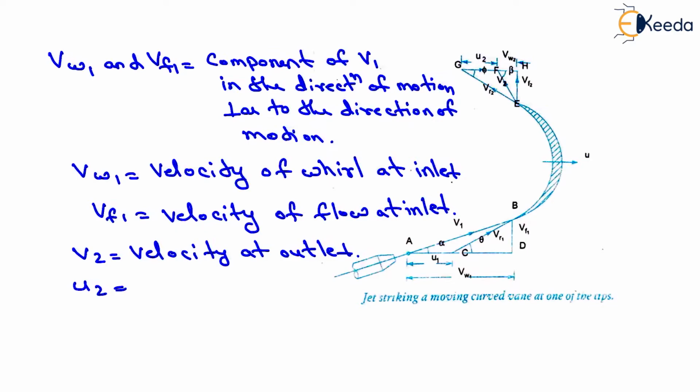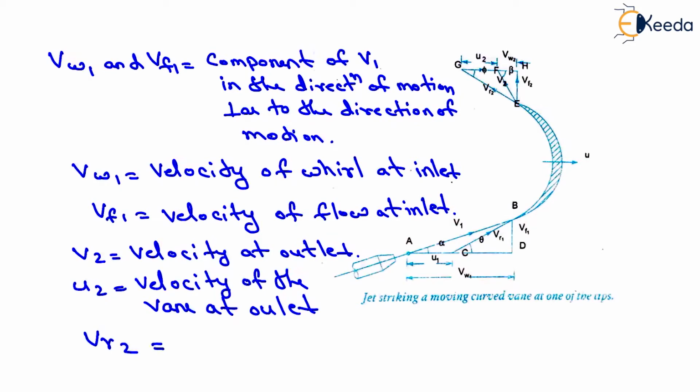Now U2 is known as velocity of the vane at outlet. VR2 is known as relative velocity of the jet with respect to the vane at outlet.